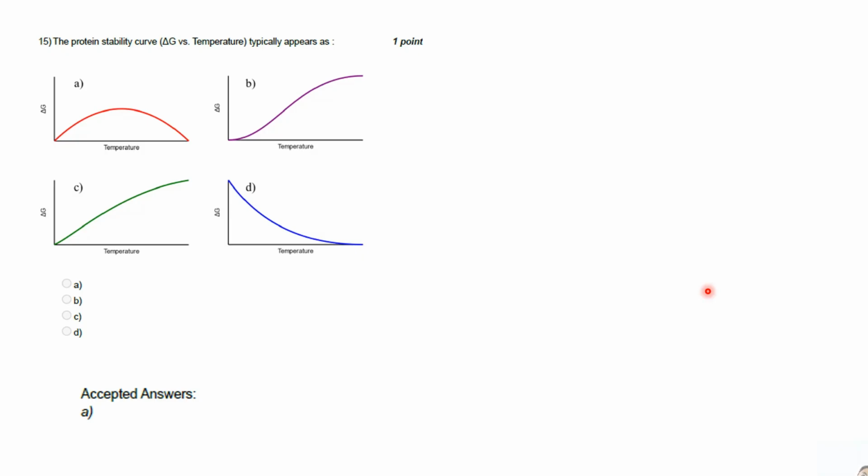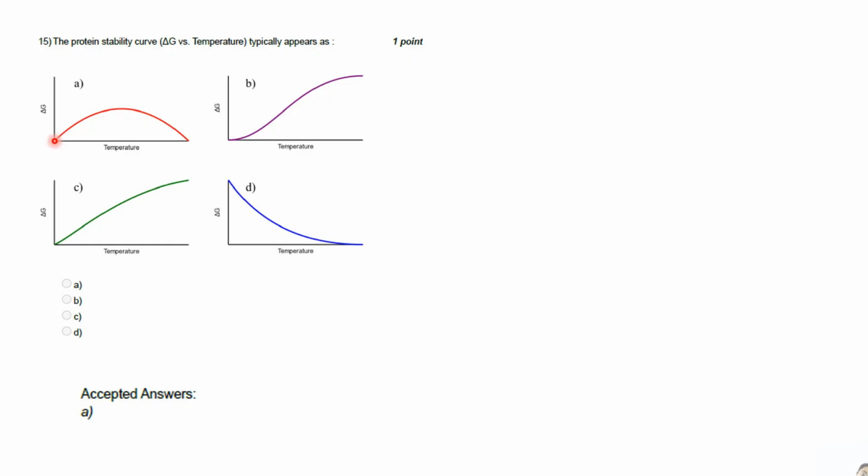The typical feature of the curve is an inverted U shape, a parabolic shape, because proteins are more stable at an intermediate temperature, which is delta G maximum. At both low and high temperatures, the protein becomes less stable, that is, delta G decreases.